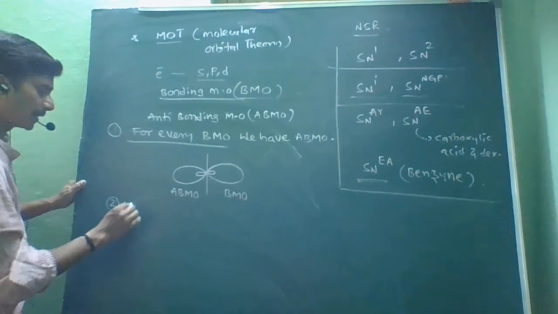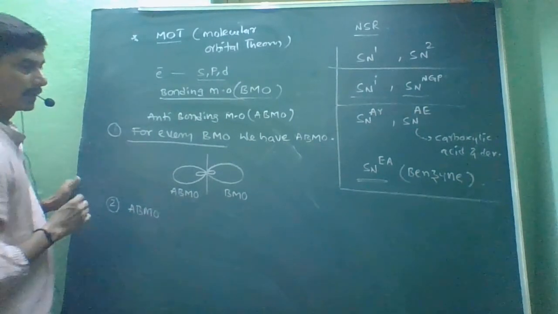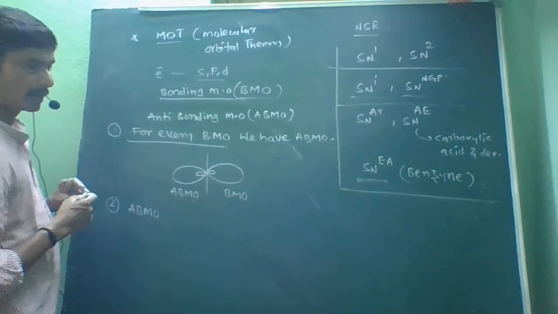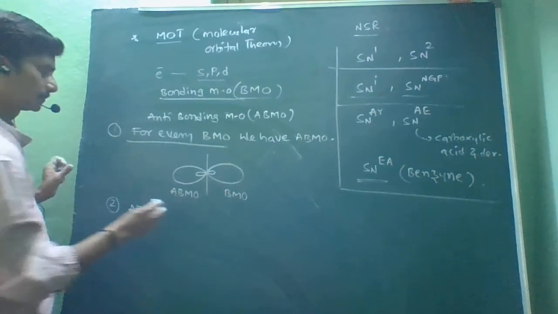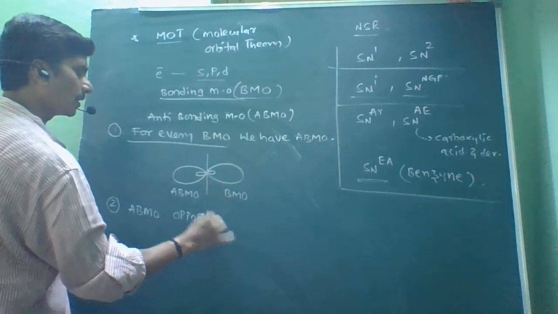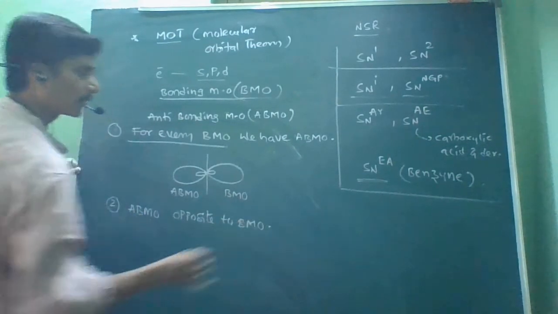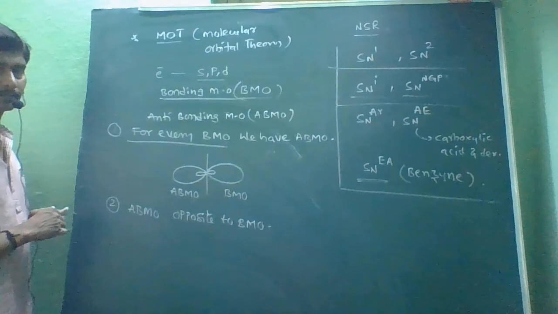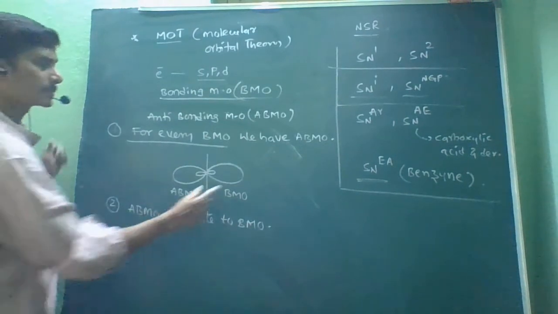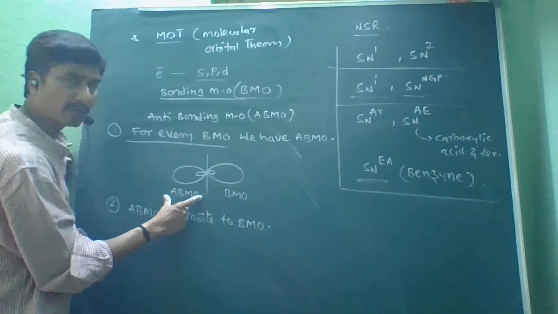That is, the orientation of the anti-bonding molecular orbital in space is opposite to the bonding molecular orbital. That is the second point: ABMO, anti-bonding molecular orbital, is exactly opposite to the bonding molecular orbital. It is lower in energy for bonding, and higher in energy compared with the atomic orbitals for anti-bonding.